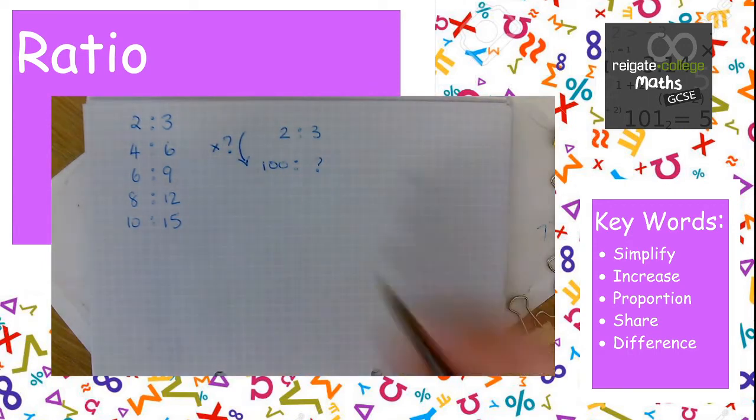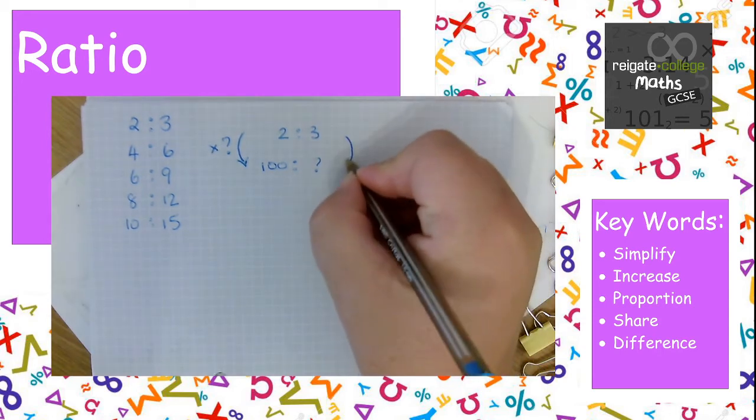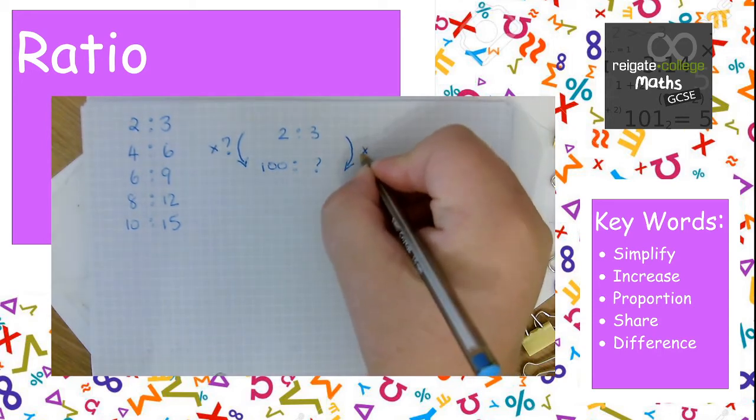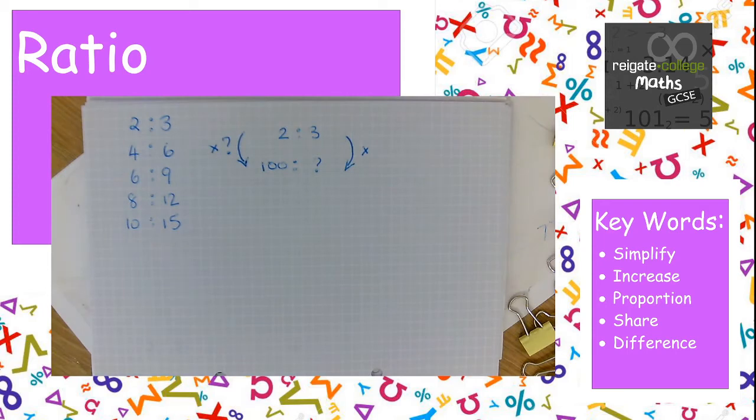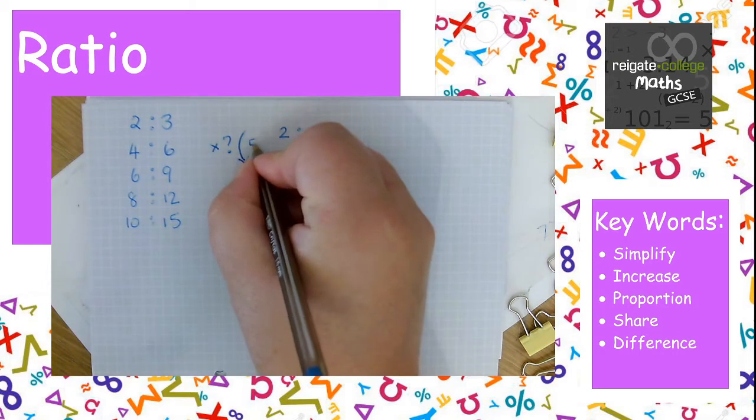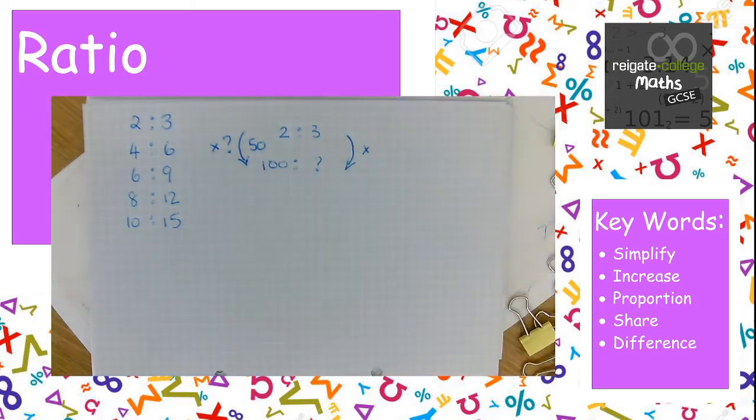That would be the multiplier I would then use to multiply this side. So really I'm looking at an inverse operation here, saying 100 divided by 2, and that will give me 50. So my multiplier here is 50. 2 multiplied by 50 gives me 100.